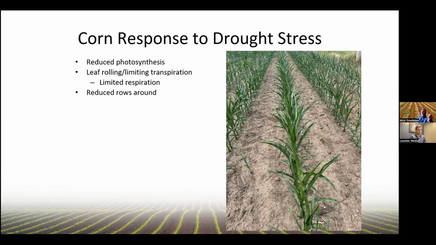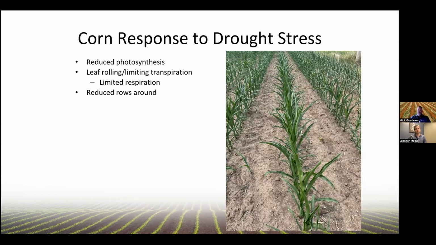Reduced rows around. And one of the things that I like to think about is about 45 to 55 days after emergence, that corn plant makes a decision. That corn plant decides the number of kernels around that cob. And they always come in pairs. So we have 10 to 20, 22, whatever that magic number is.